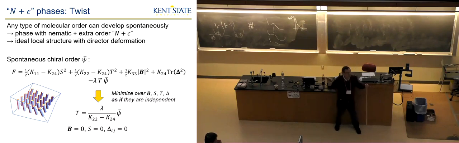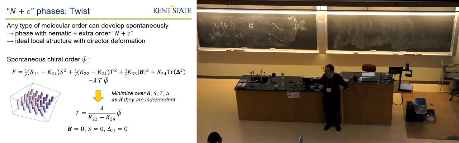And in that situation, the enantiomeric excess of the molecules couples to twist of the liquid crystals, so that in the free energy there is a term linearly proportional to twist, and the ideal structure now has non-zero twist, zero bend, zero splay, zero delta.